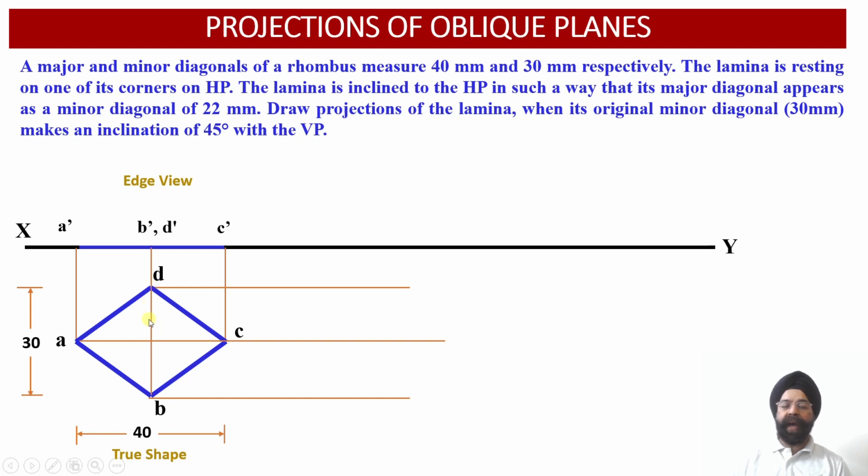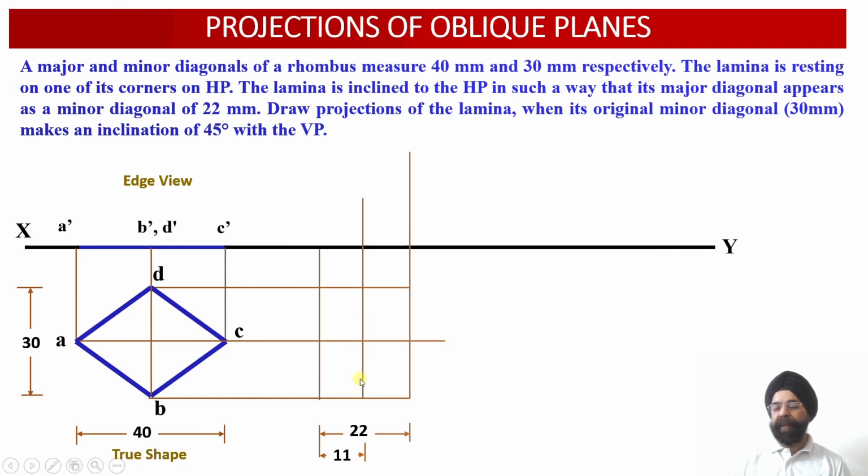Now since this minor diagonal, even after the inclined orientation of the surface of the lamina with respect to HP, is still parallel to the horizontal plane, in the top view projections we are going to obtain the minor diagonal as 30 millimeter over here. So we can see this distance will be retained as 30 millimeter.